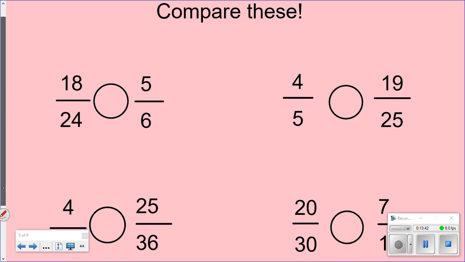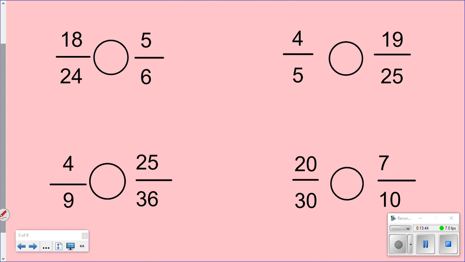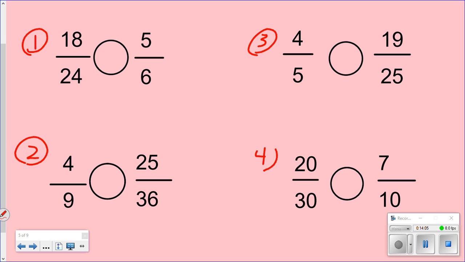Now, most of these in here, one of them doesn't have to be changed. I made it easy, so you don't have to change both denominators. There's just one of them technically that has to be changed. So do them in your notebook, see what you can remember, see if you can try it by yourself. I'll label them. This is number 1, this can be 2, 3, 4.